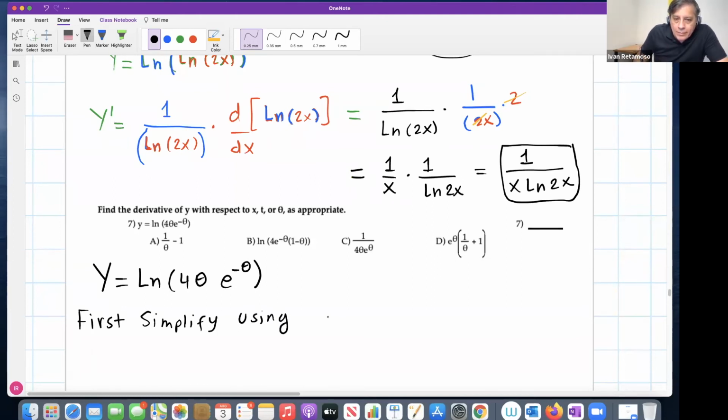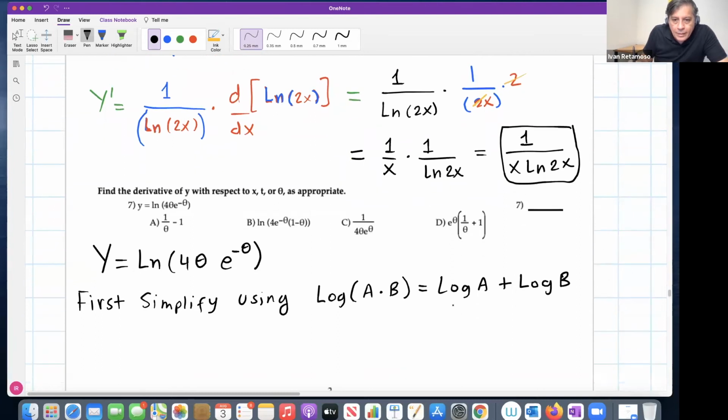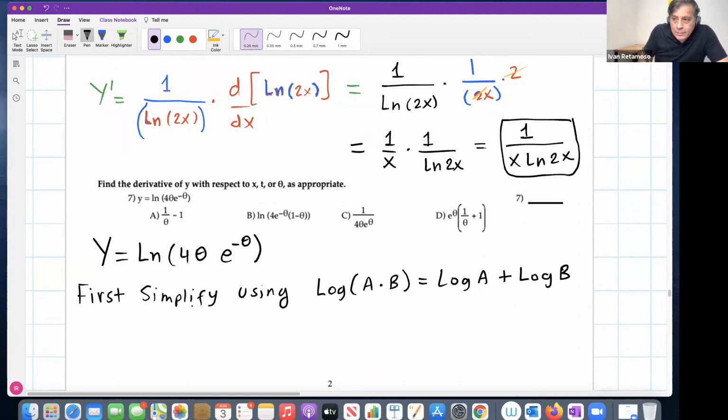properties of logarithms. For example, there's a property for logarithms that says that the log of a product is equal to the sum of the logs, right? You saw this property when you took pre-calculus. Log of a product is equal to the sum of the logs. All right, so if we use this property, then we can say that this y that we have here is just really this.